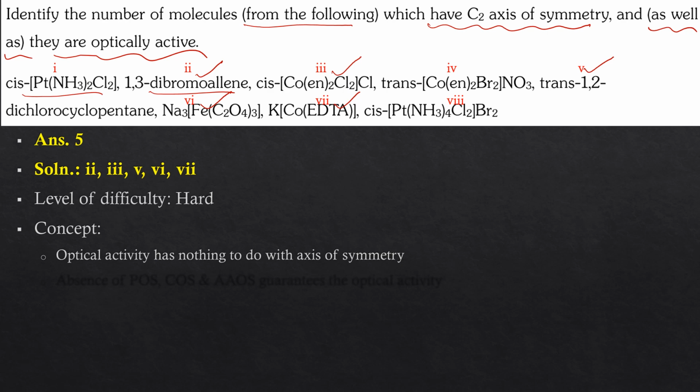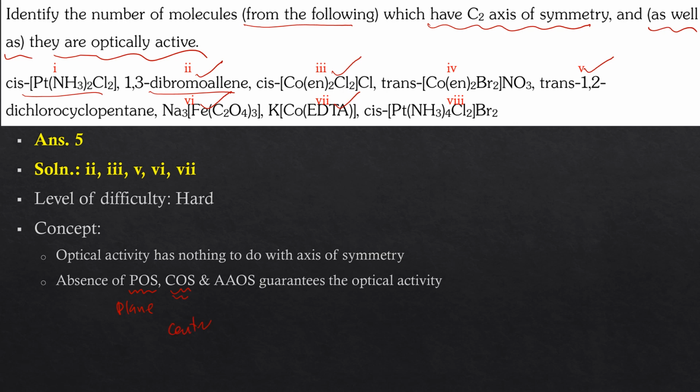The second important point is that to show optical activity for a given compound, these 3 elements: plane of symmetry, center of symmetry, and AAOS, that is alternating axis of symmetry. It is not the simple axis of symmetry. We call this the alternating axis of symmetry, which is responsible.